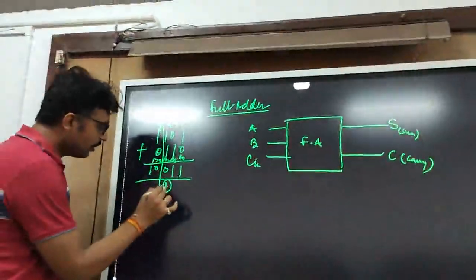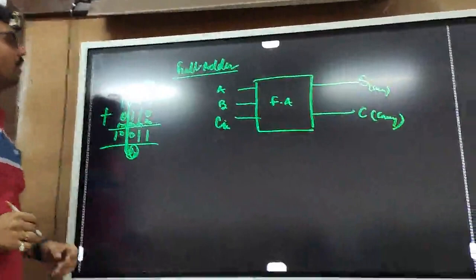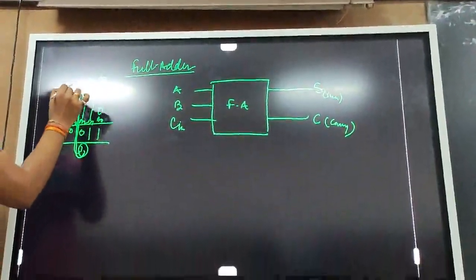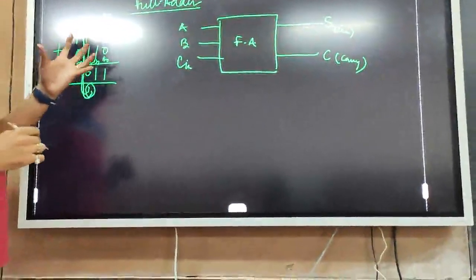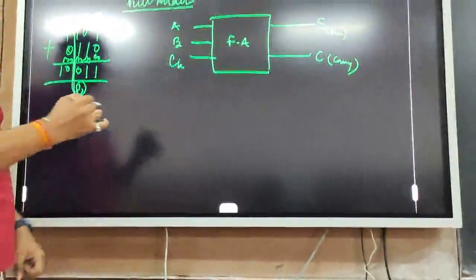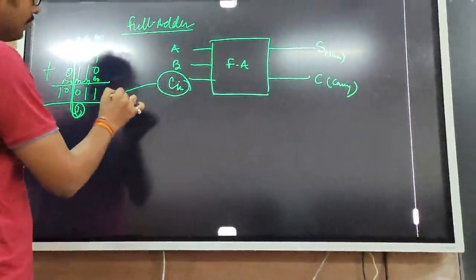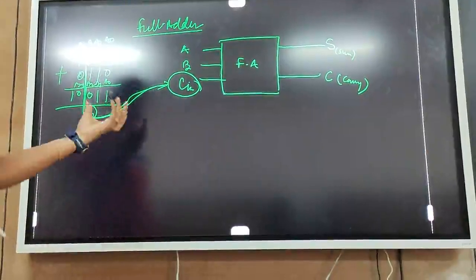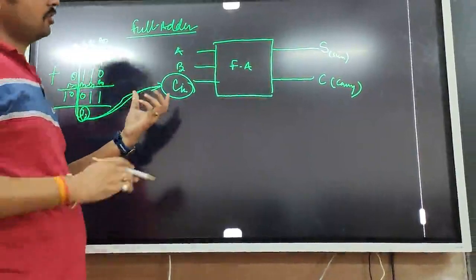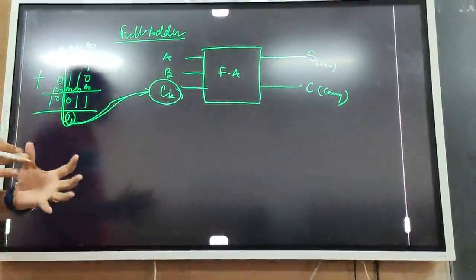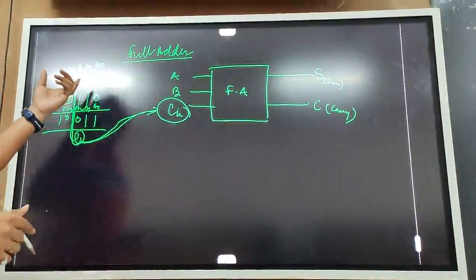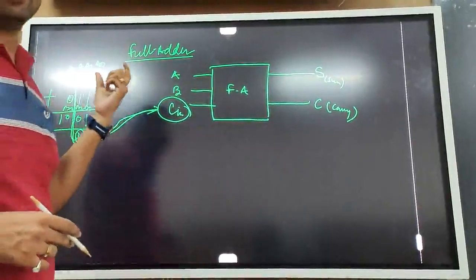So to transfer this input carry over to the next adder, there is a requirement of full adder. That's why this input carry pin has been taken here. And this was missing in the half adder because that can't be utilized to add multi-bit operations.